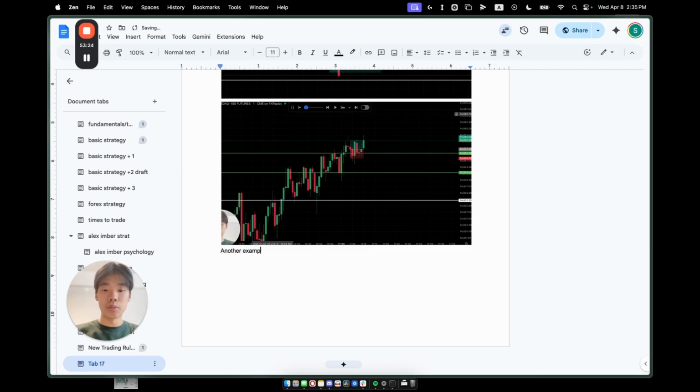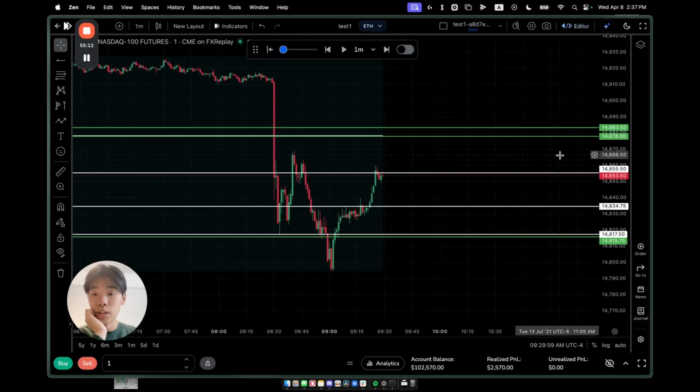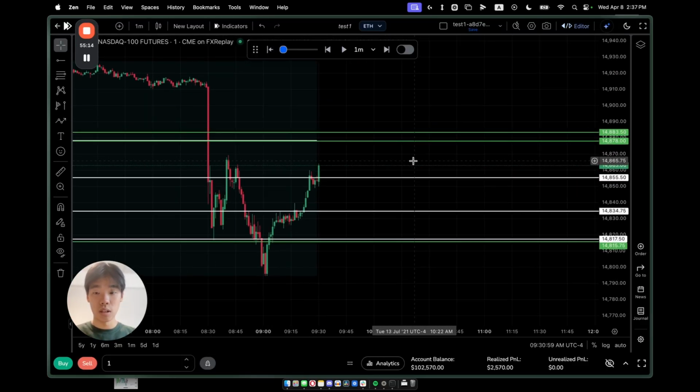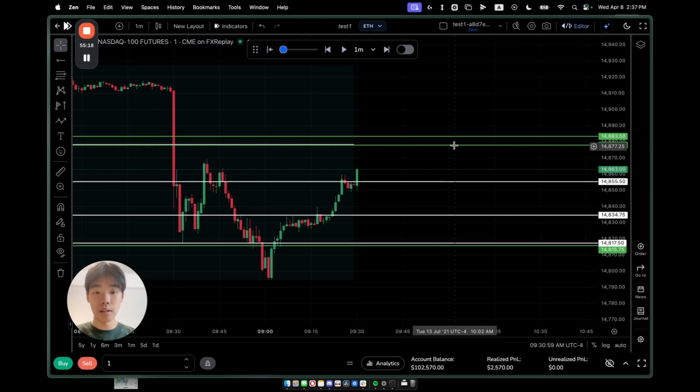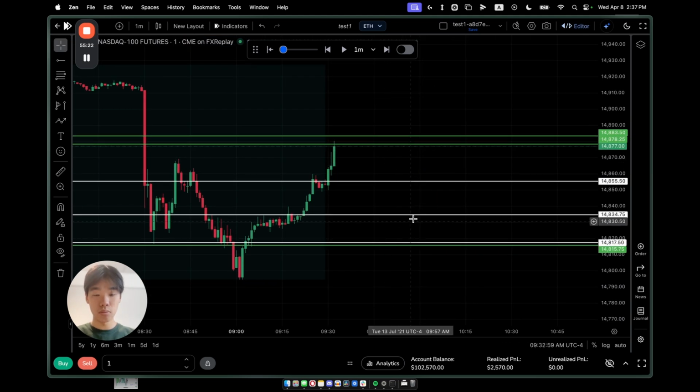Another example of chop just ruining the setups. Okay, let's see how this works out. It's Tuesday. We are trading right above previous day value area high, but in between overnight levels, so it's kind of in between.